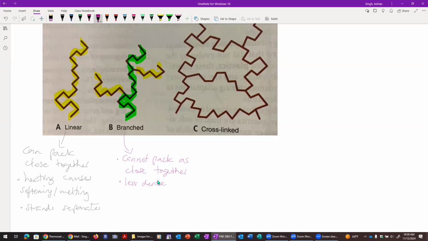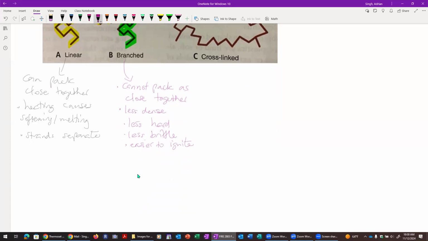So these tend to be less hard and less brittle than a linear polymer. So these are easier to ignite. And these typically are going to be components of what are known as thermoplastics, which we'll talk about in the next section. Thermoplastics typically. Those are your branched polymers.